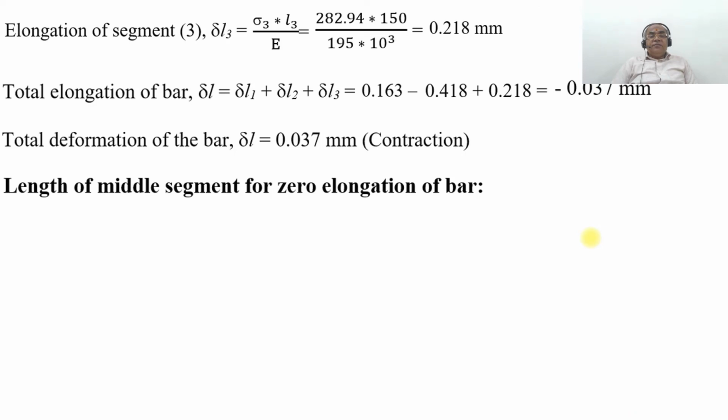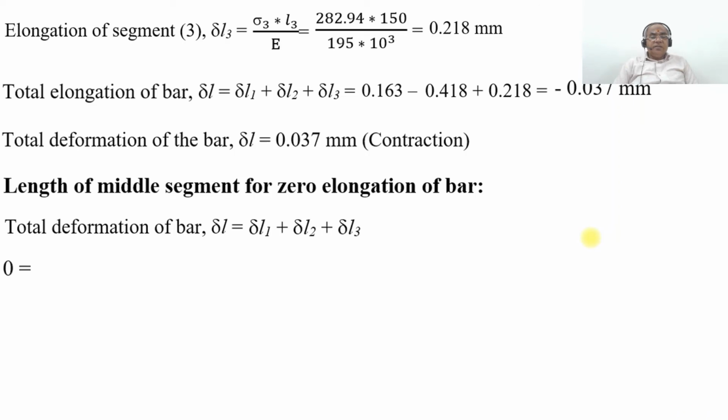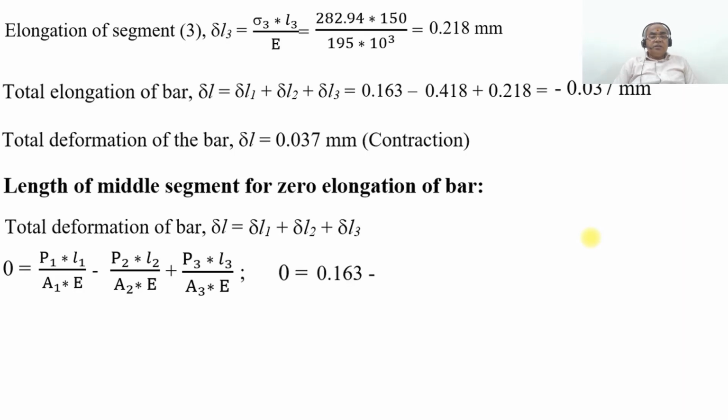Now find the length of the middle segment for zero elongation of the bar. Considering the length of the middle segment, total deformation of the bar delta L will be equal to delta L1 plus delta L2 plus delta L3, that is equal to 0, which is P1 into L1 by A1 into E minus P2 into L2 by A2 into E plus P3 into L3 by A3 into E, equals 0.